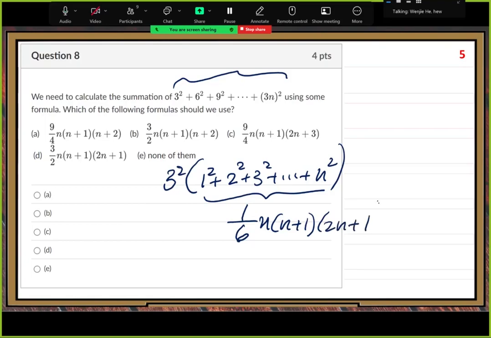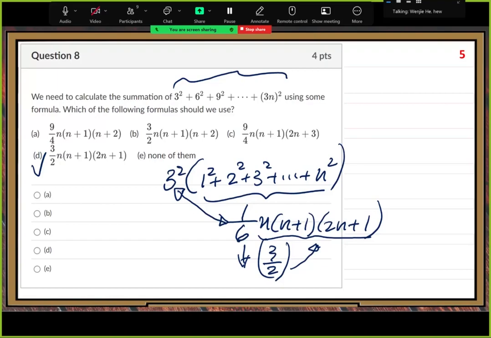Now you multiply 3 squared and 1/6, so you get 3 halves. Then multiply the variable part. So you see D, right?